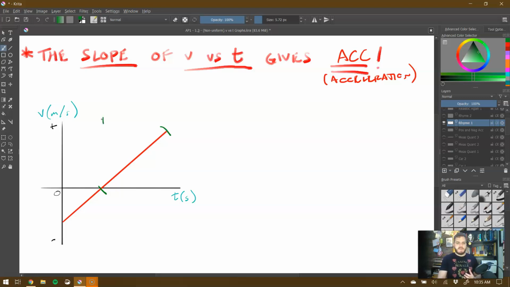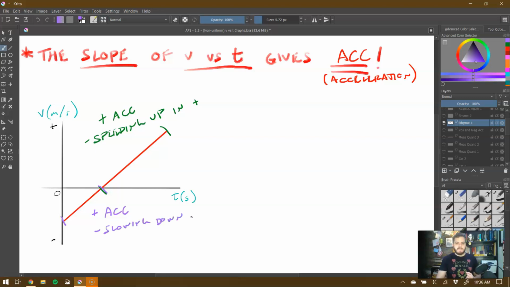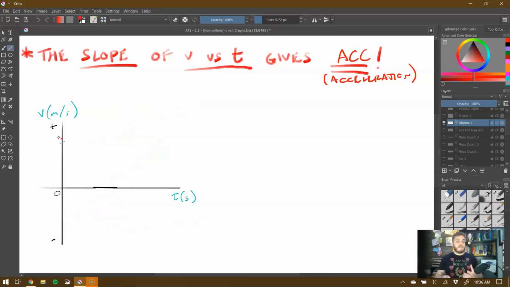So a positive acceleration seems to be telling me that if I have a positive velocity, I'm speeding up. So this is the same thing as speeding up in the positive direction. But now let's look at this part down here. If I go from here to here, it's still a positive acceleration. But now I'm going from some number that is greater than 0 and then going to 0. So I'm actually slowing down in the negative.